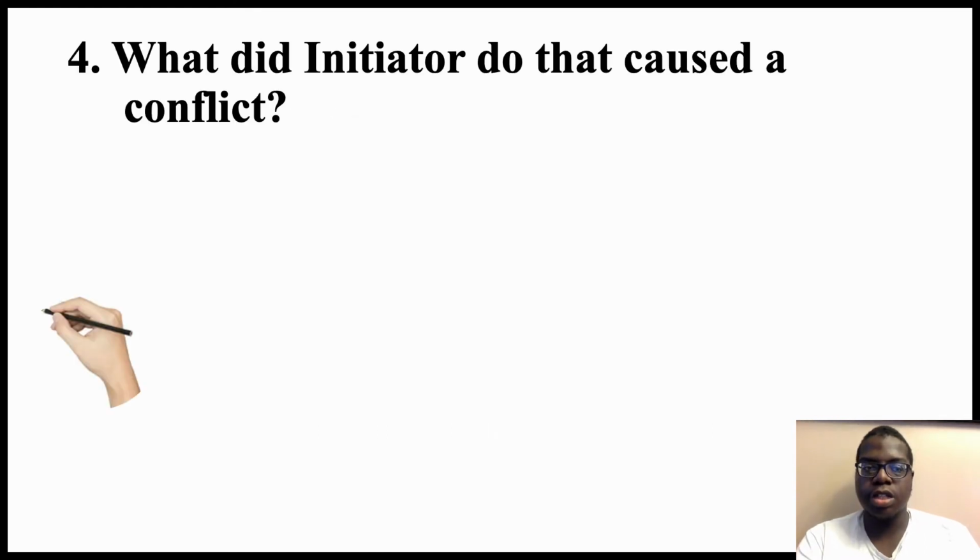Read the question. Question 4. What did initiator do that caused a conflict? Think back to the snippet. Remember the answers for the first 3 questions. Now reread those questions and answers to help see what is connecting them together. He used a megaphone to talk in someone's ear.